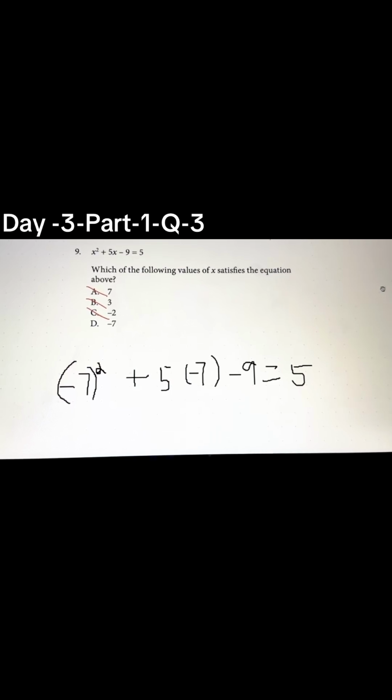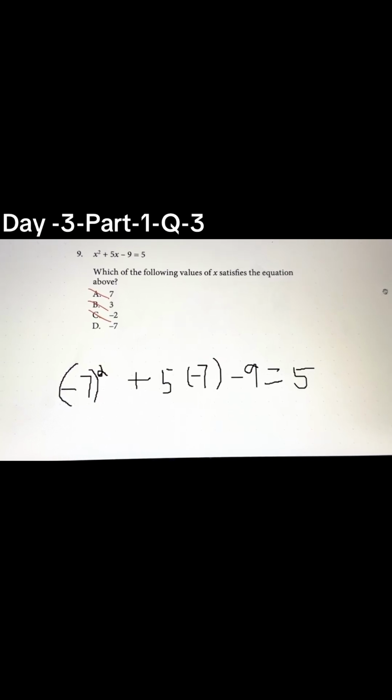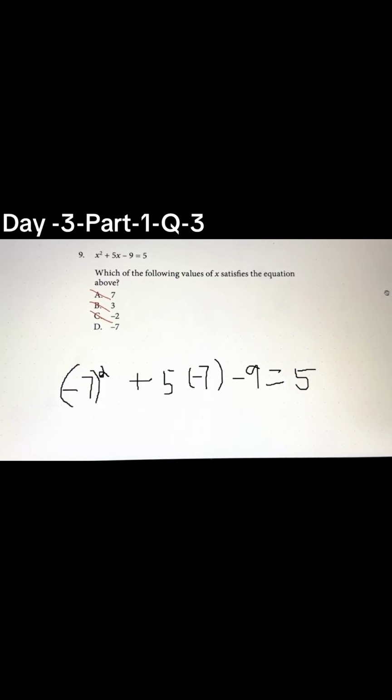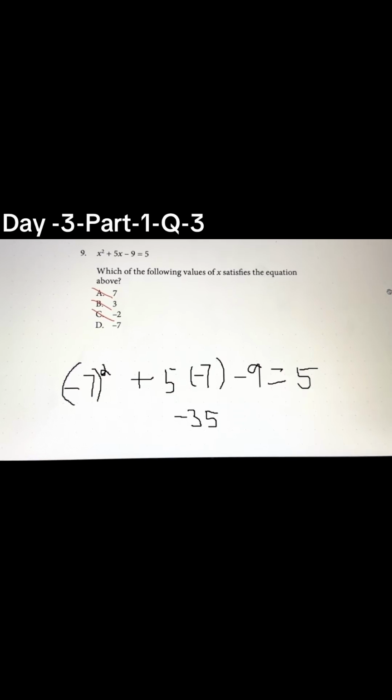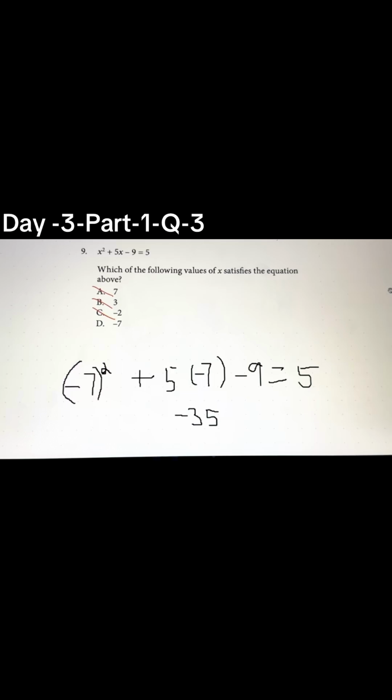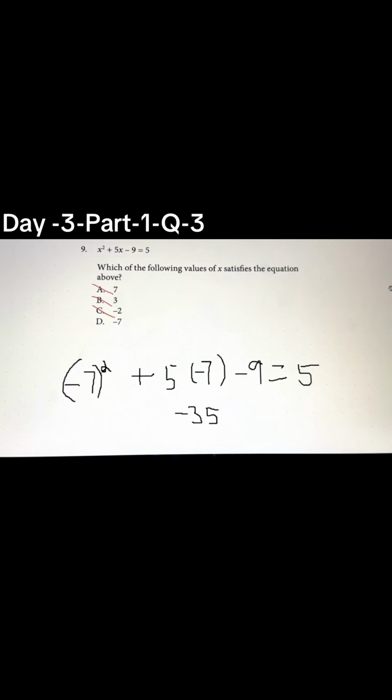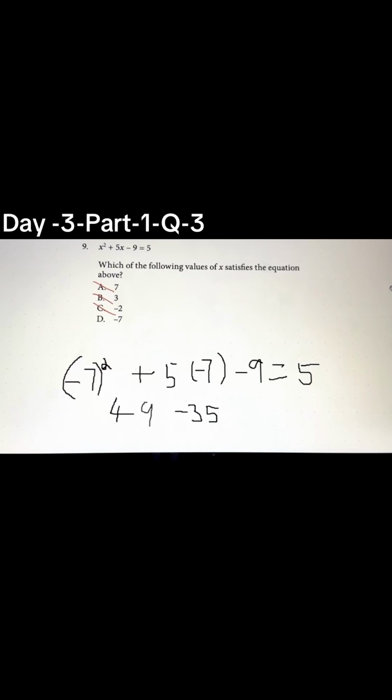This is looking promising. So first we're going to do parentheses. So 5 times negative 7. 5 times 7 is 35, so it's going to be negative 35. Yep. Exponents. So we have negative 7 times negative 7 equals positive 49. Negative times negative is positive.